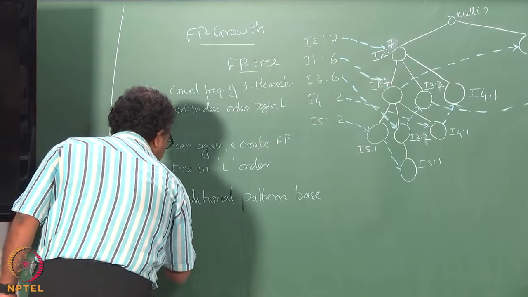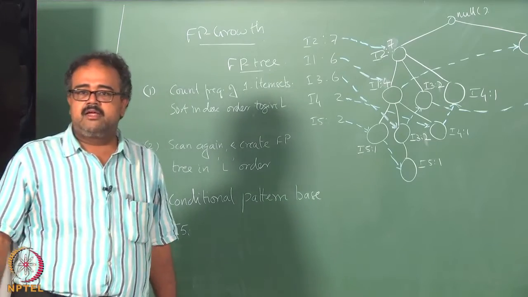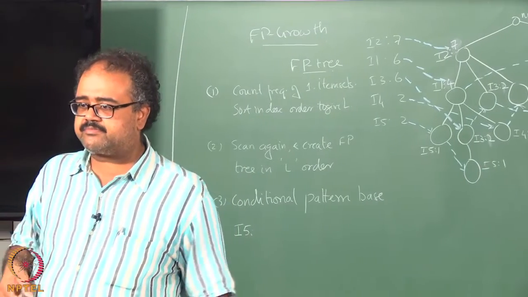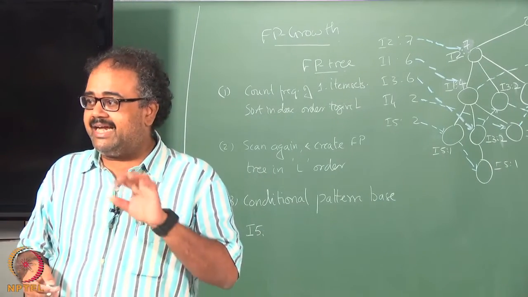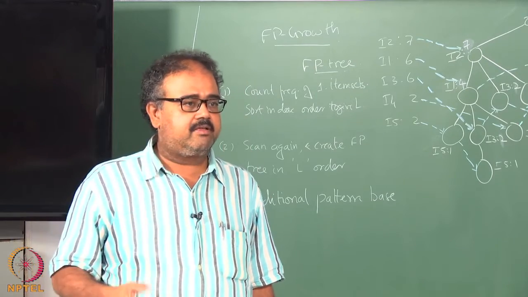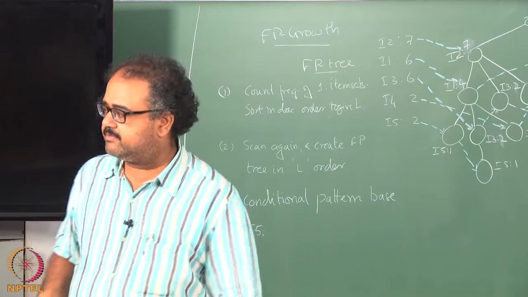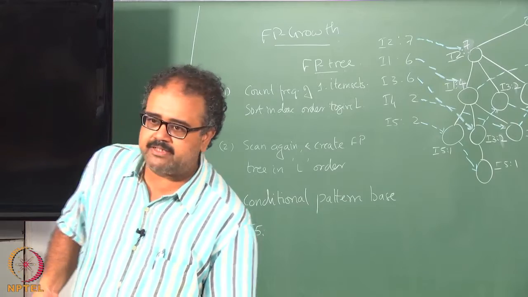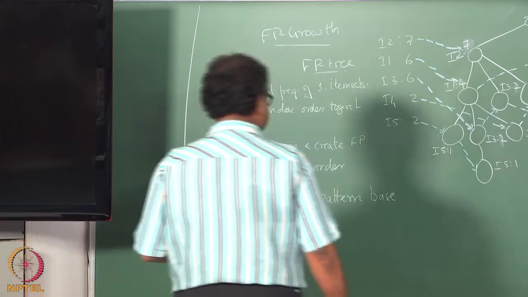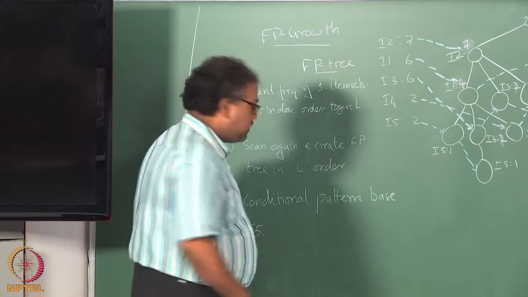So I will take I5, right. I look at all the paths that contain I5, and take the prefixes of that. I will take all the paths where I5 occurs and take the prefix of that. How many paths does I5 occur in here? So I2, I1, I5, right. That is one thing.